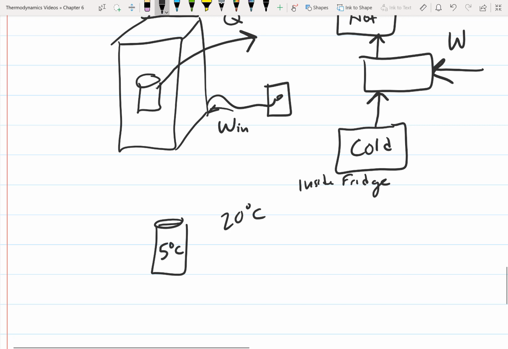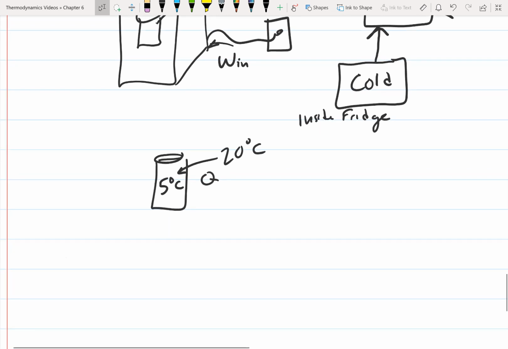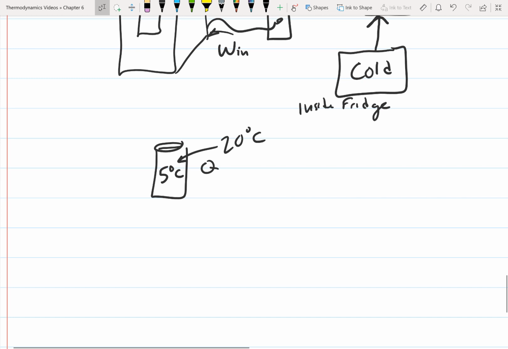We know that heat's going to spontaneously transfer from the room to the soda, and the temperature of the soda is going to increase until it reaches equilibrium. So this is only going to happen in one direction, basically the heat transferring from the room to the soda, unless some sort of external work is put into it, like it's put into the fridge. And we know that this heat isn't going to start transferring in the opposite direction just spontaneously.